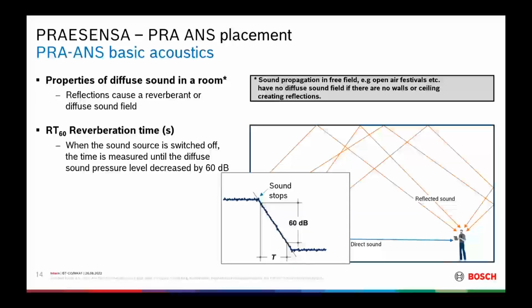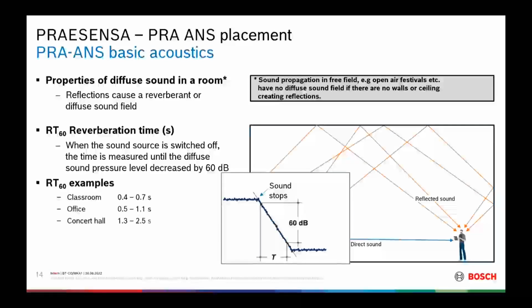And then you can say, okay, normally dry rooms, as we call them, with a lot of absorption and a short reverberation, are maybe classrooms, offices, primarily for speech distribution, speech broadcast. We are below 1 second.